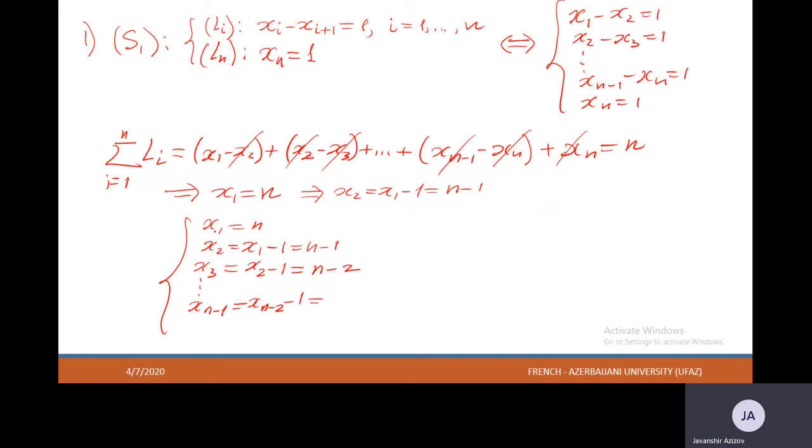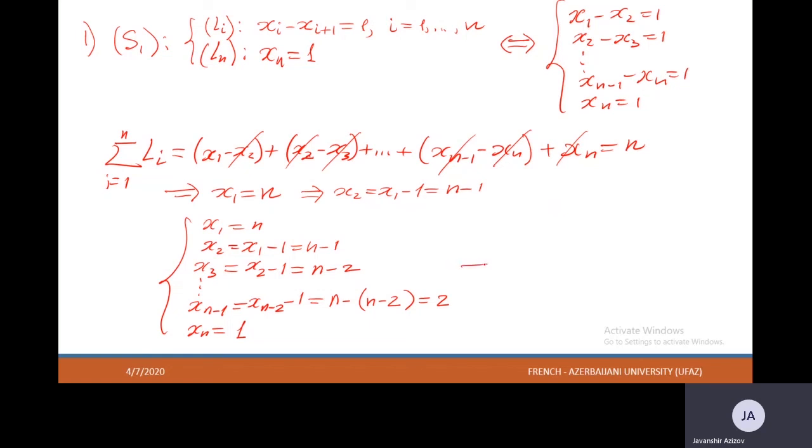Look at here, x1 is n, x2 is n minus 1, x3 is n minus 2. By induction, xn minus 1 will be n minus 2, which is equal to 2. xn is 1. From here, as you see, for a fixed number n, this system has a unique solution.